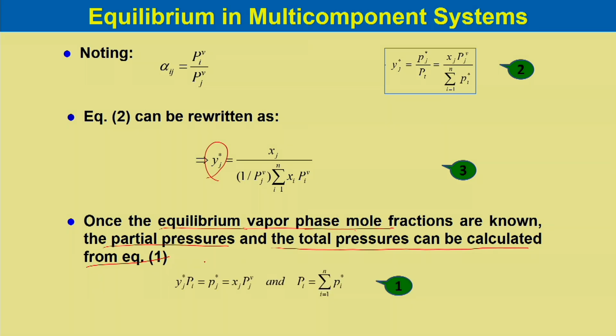Which is shown before, that is Yj* Pt is equal to Pj* is equal to Xj Pj^v, and Pt would be equal to summation over i = 1 to n of Pi*.